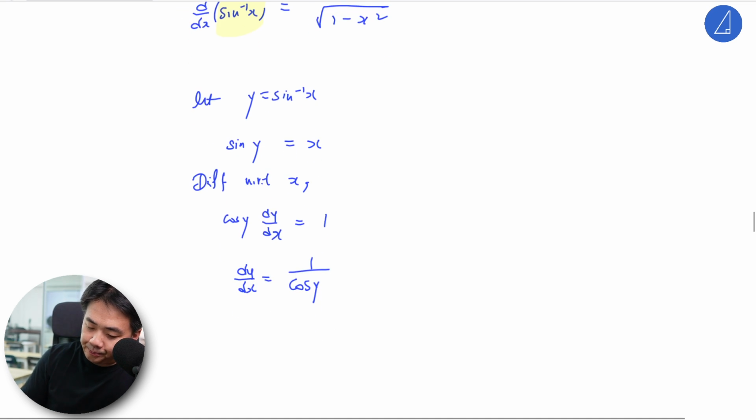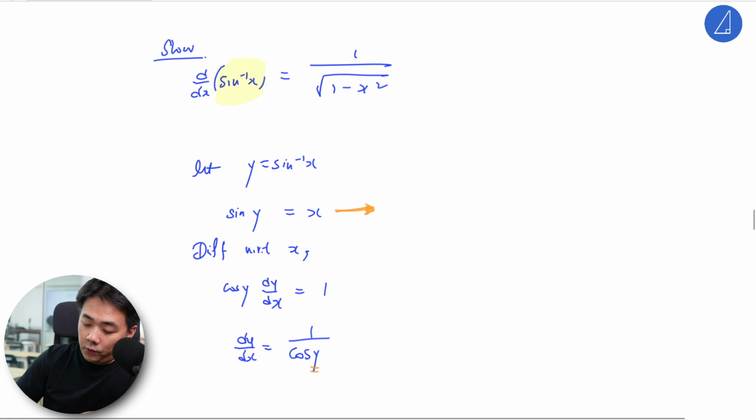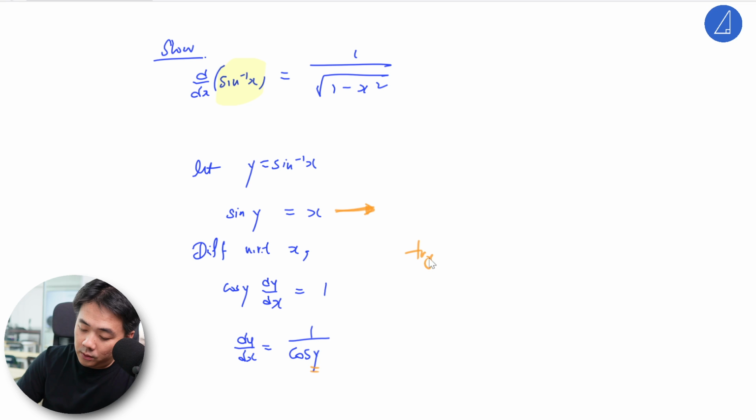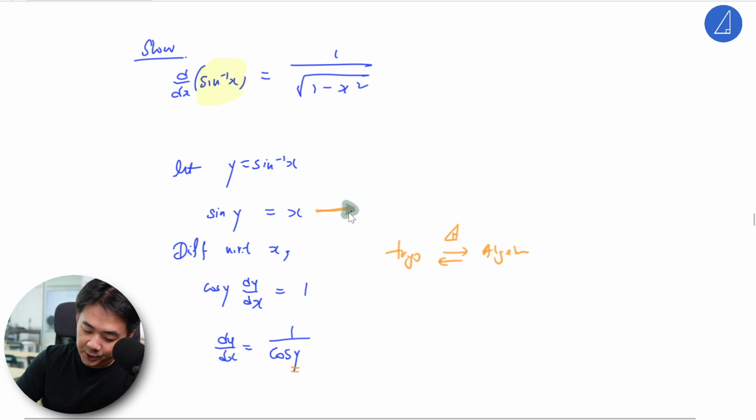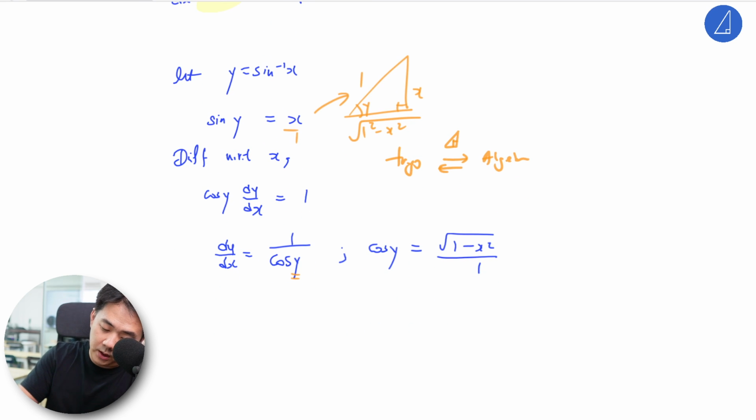Okay, and remember, if you want to get cosine y, you need to draw this, because now you need to change to the algebraic form. From trigo form to algebraic form, the connecting bridge is always the right angle triangle. So you draw the right angle triangle because y is the angle, then this is x, this is 1, so the other side is square root of 1 minus x squared. So you know that cosine y equals square root of 1 minus x squared over 1 from the trigo here.